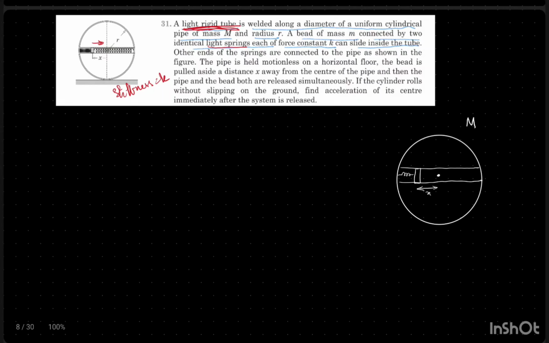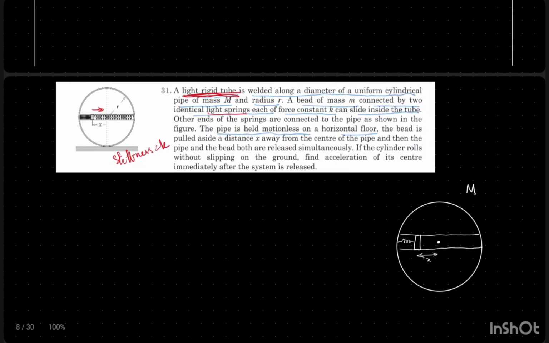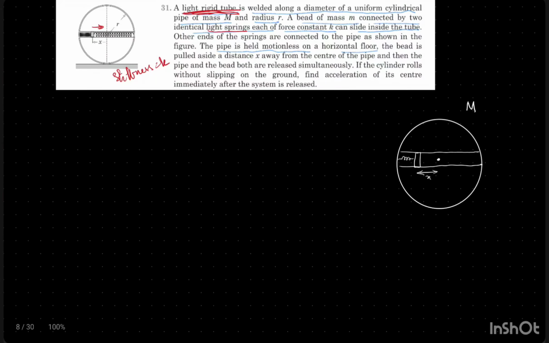Other ends of the springs are connected to the pipe as shown in the figure. The pipe is held motionless on a horizontal floor. So the bead is pulled aside a distance x away from the center of the pipe. Yes, obviously the center will be the equilibrium position, but they pulled it away the distance x.